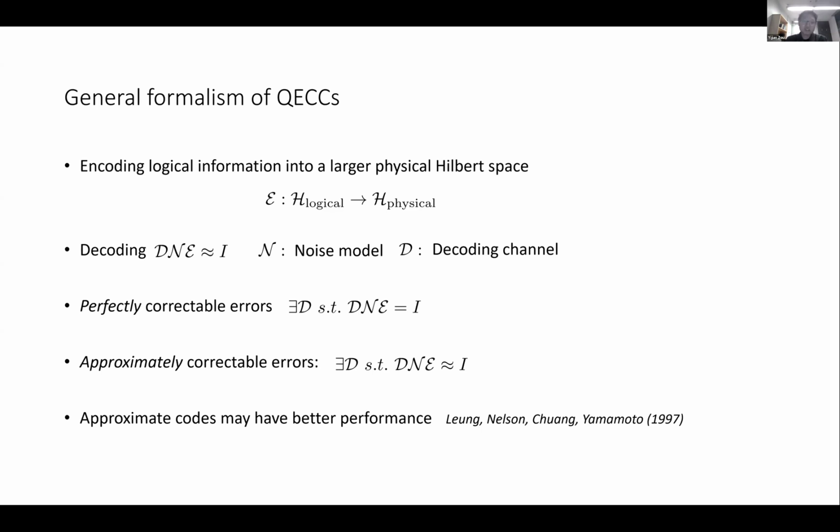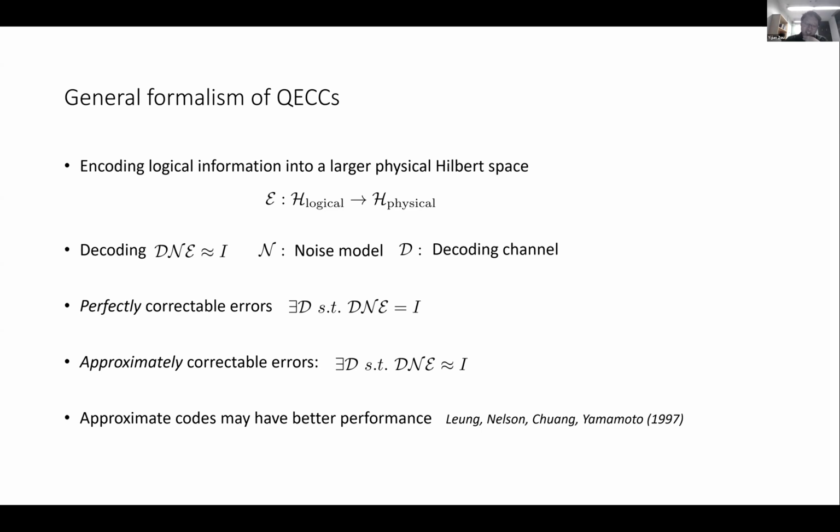And then we want to ask whether there exists some decoding channel that could reverse the noise. We will use N to denote the noise model, which is also a quantum channel. The decoding procedure is such that when you compose the encoding with noise and with decoding, the composition of these three maps must be close to the identity map. That is, you can retrieve the original logical information.